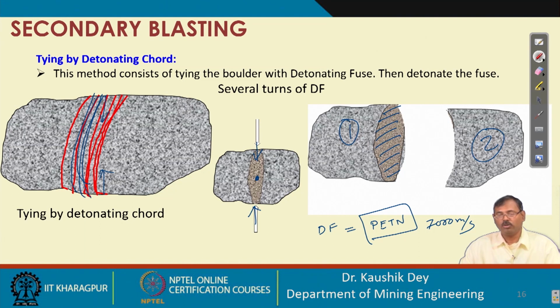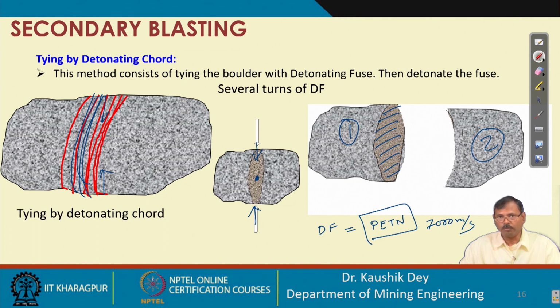So there is no huge fragmentation, and this absolutely avoids any fly rock conditions. There will be zero flying; the boulder will just break into two pieces and stay in the same place. That is the benefit of tying with detonating cord, and this will control the fragmentation of the boulders.